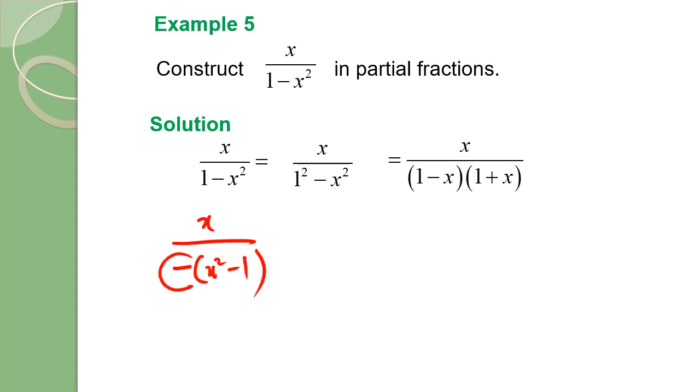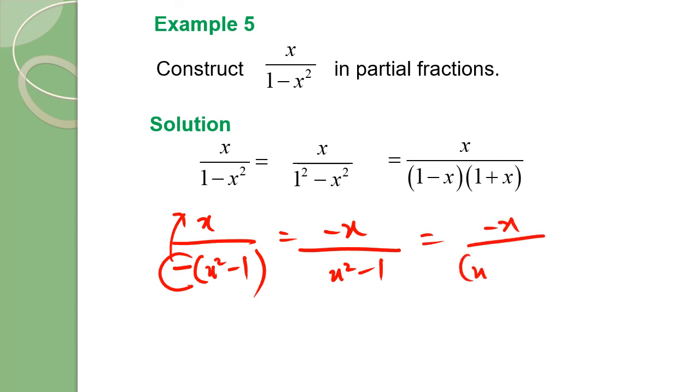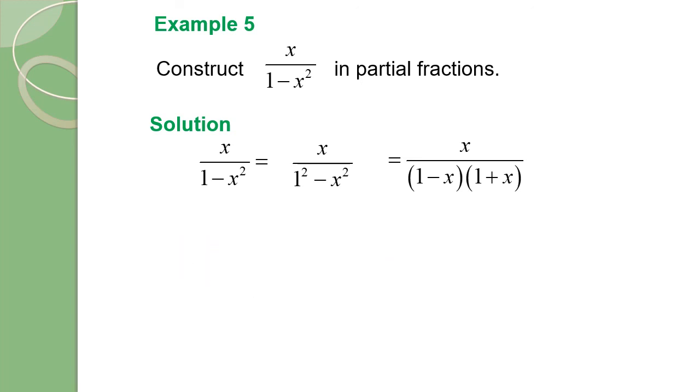So we put the negative at the top, so it will be negative x all over x squared minus 1. Here you directly know it is negative x over x minus 1, x plus 1. Because x squared is positive, you do not have to be confused. But it is not applicable for every type of question, so please be careful when you factorize the quadratic. Now we have x over 1 minus x multiplied by 1 plus x.